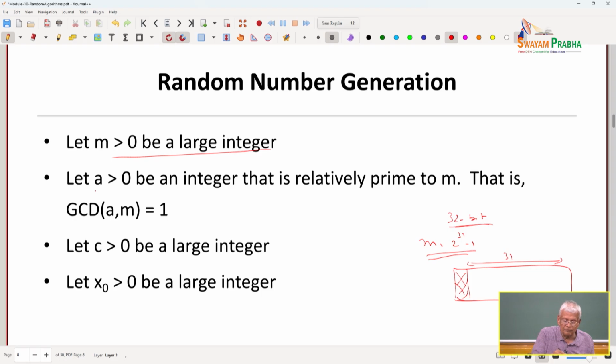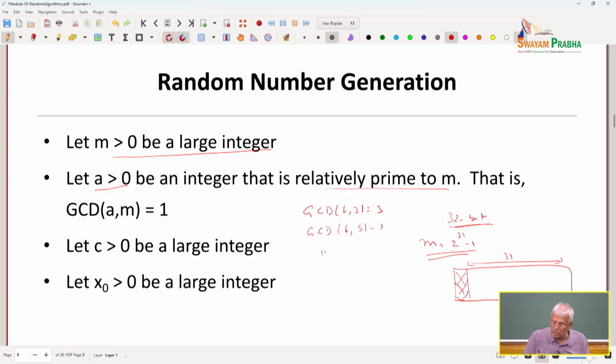Let a be a positive number that is relatively prime to m. You should know two numbers are said to be relatively prime if the greatest common divisor between them is 1. That's called the GCD. GCD of 6 and 3 is 3. GCD of 6 and 5 is 1.